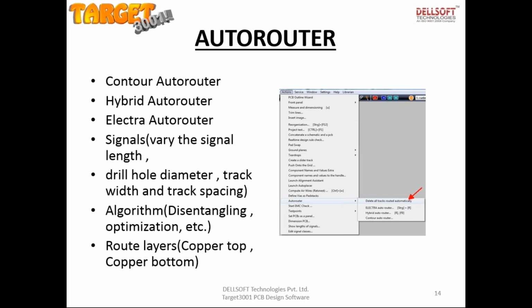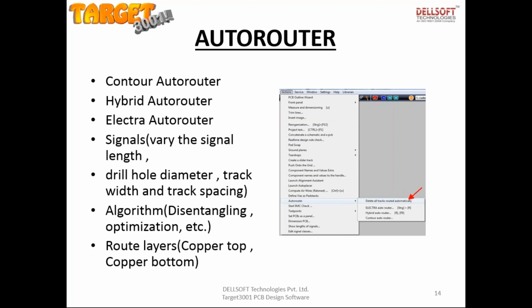Okay. So in auto router, there are three types of auto router given in this software. That is counter auto router, hybrid, and Electra. Counter and hybrid are inbuilt auto routers in the software, and Electra is an external auto router.